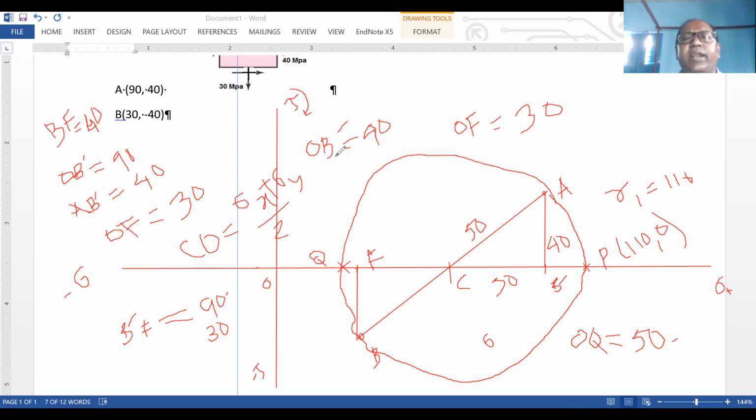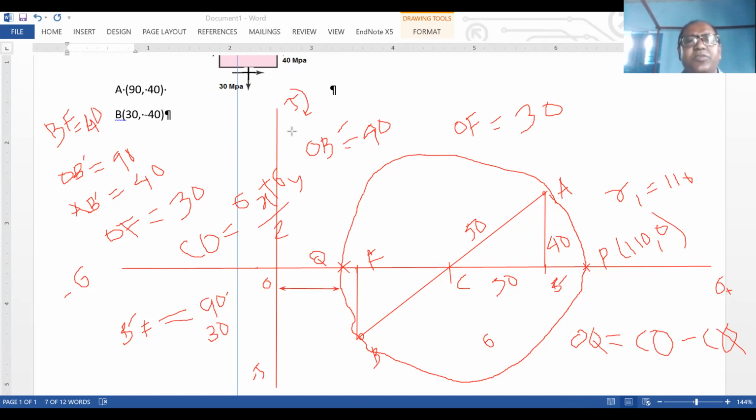We are heading in the wrong way. We need to figure out OQ. How can we figure out OQ? If I say OC minus CQ, then I get OQ. I need the distance from here to here.